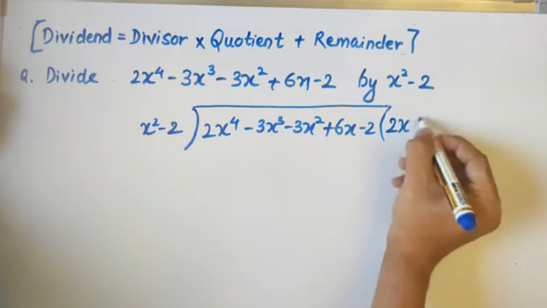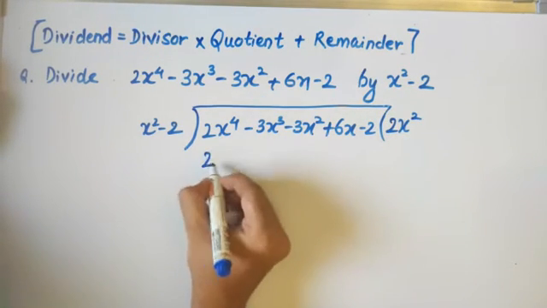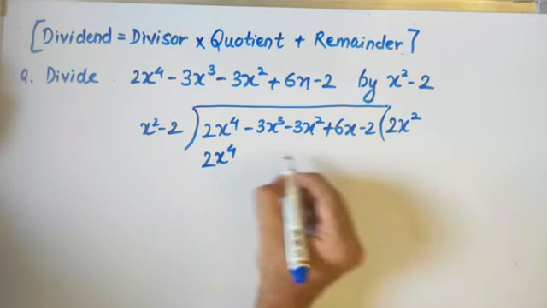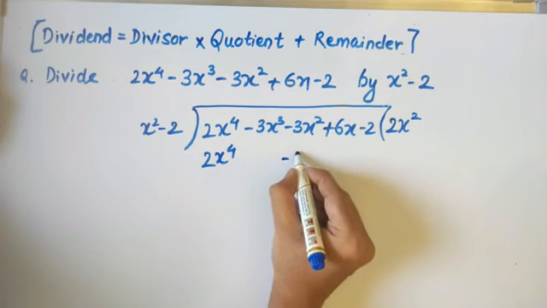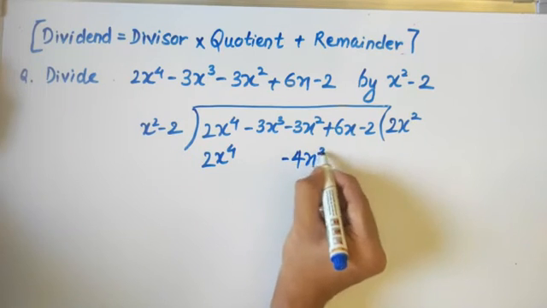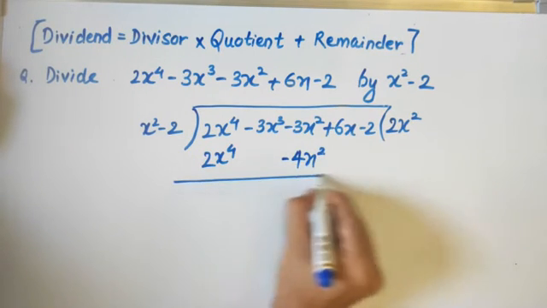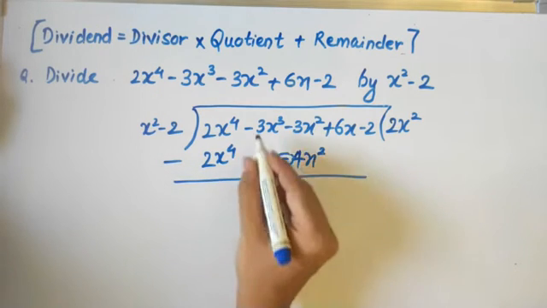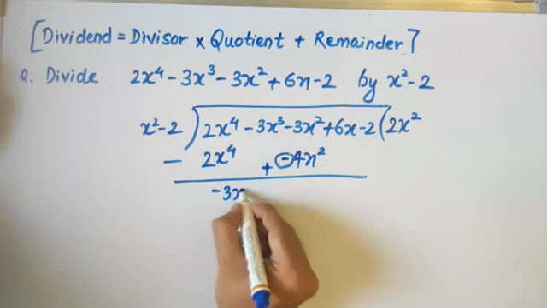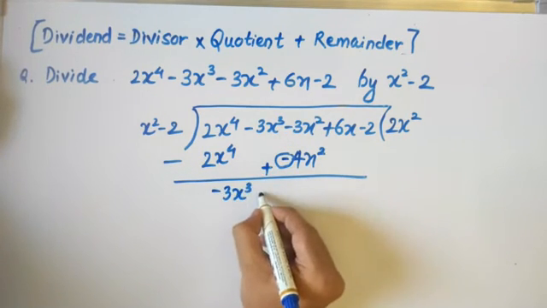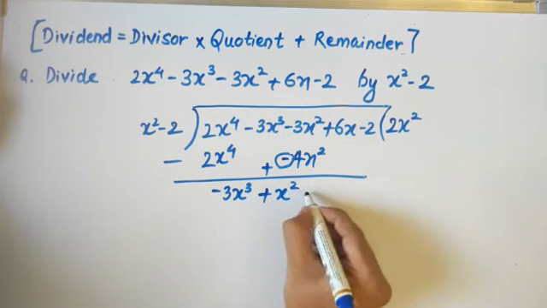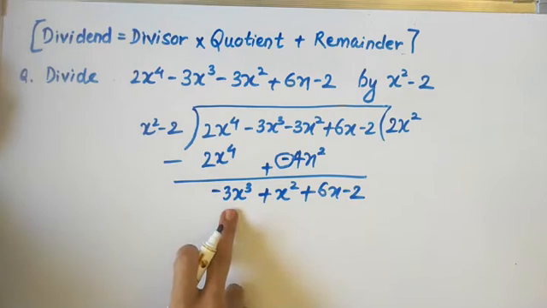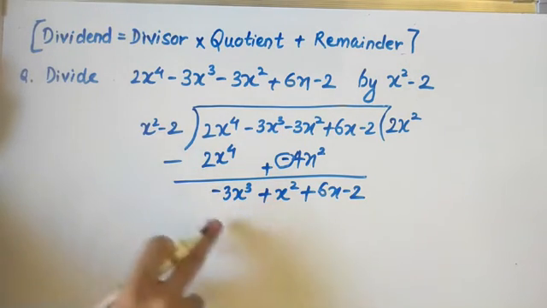by 2x square. So it becomes 2x की power 4 minus 4 x square. The sign changes. It becomes 0 minus 3x cube as it is plus x square plus 6x minus 2. What we have to make? X cube, and that is of minus 3.